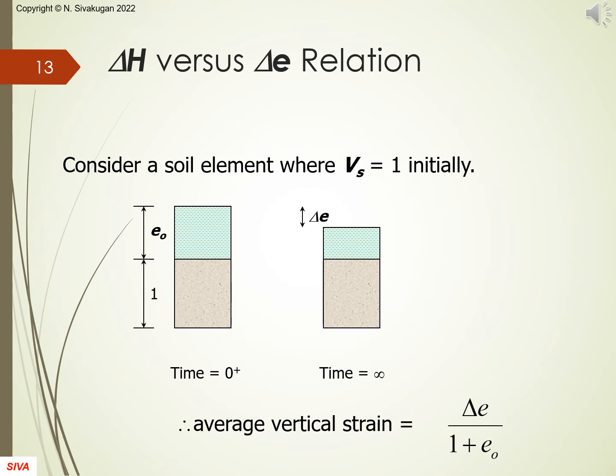Here, we are looking at the phase diagrams at the beginning and end of consolidation. The average vertical strain is delta e on 1 plus e0.